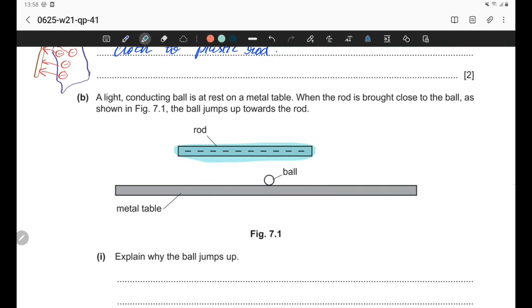So the rod is now full of negative charges, and when we bring this ball close to the rod, all the electrons in this ball will be repelled by this negatively charged rod, and all these electrons will move to the earth through the metal table.